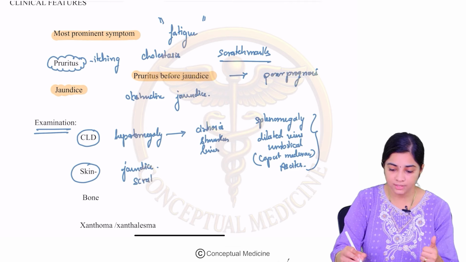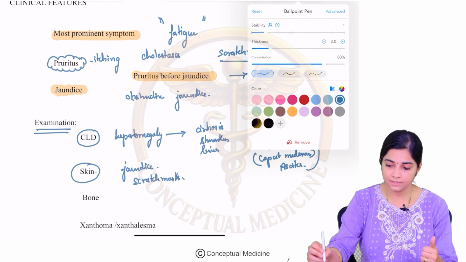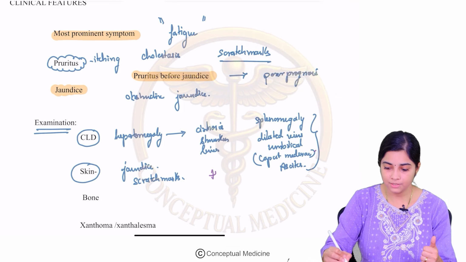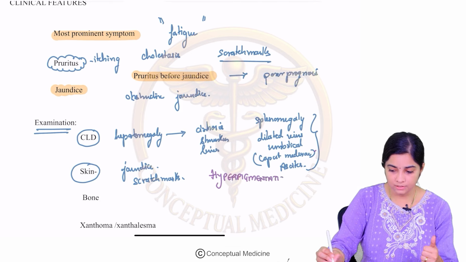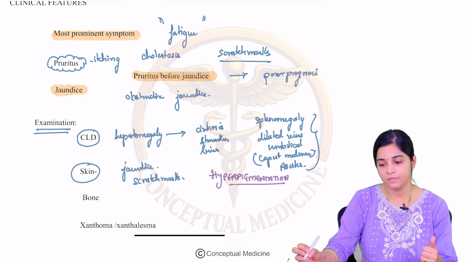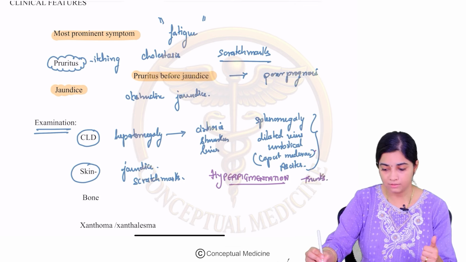You will look for scratch marks. And the most characteristic feature that you have to remember is a diffuse hyperpigmentation, and this hyperpigmentation is more prominent in the trunk.